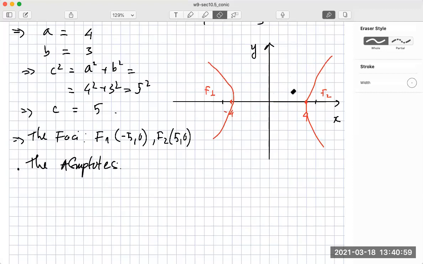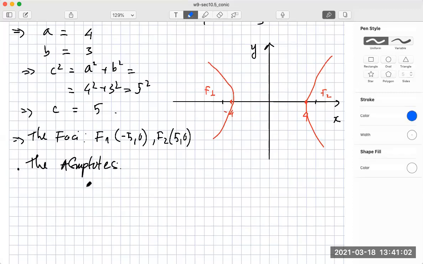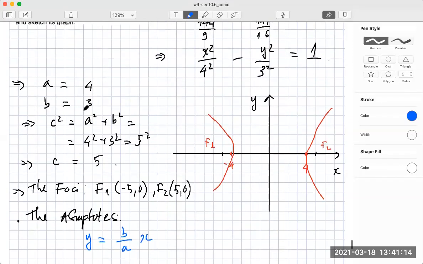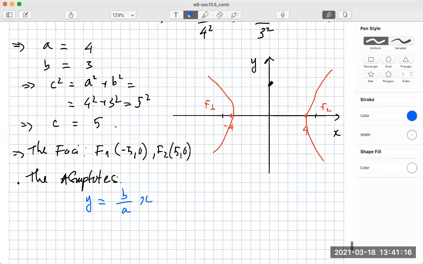Not a good drawing. And the first one will be y equal to b over a x, right? So we see that b is 3 right here. It means it should be somewhere here, right? 3 and negative 3 here.